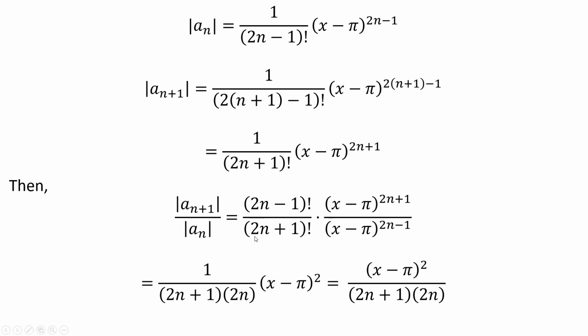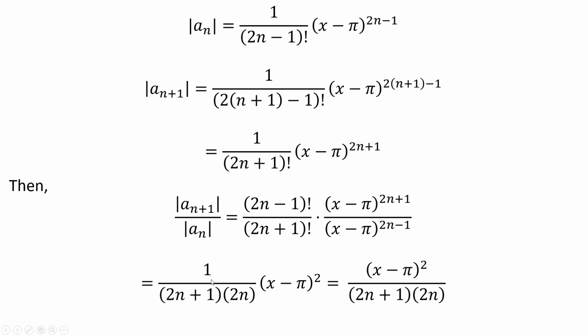Now when we simplify, because these are factorials, we have at the top 2n minus 1, multiplied by 2n minus 2, multiplied by 2n minus 3, multiplied by 2n minus 4, so it goes down. And then here we have 2n plus 1 multiplied by 2n multiplied by 2n minus 1 multiplied by 2n minus 2. So everything other than the 2n plus 1 and 2n terms cancel out with the top part of the fraction.